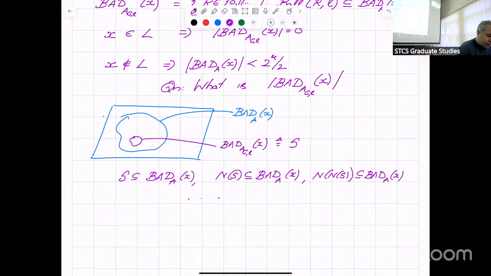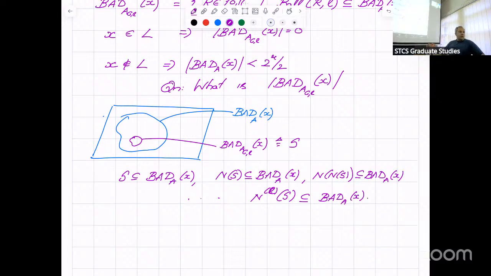And so on, up to this being done L times, is also contained in bad AX. Is that clear? They all have to be in bad AX. In fact, not just the neighborhood, it's this N plus of S, which I had defined, that should also be contained. This is also true.